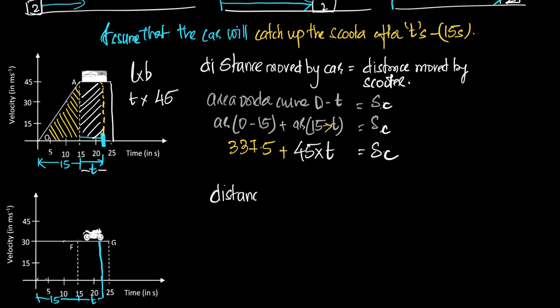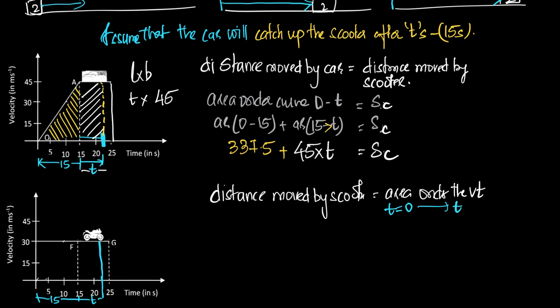So it is distance moved by the scooter, which is what we are trying to calculate, is equal to area under the curve, right? Area under which curve? Area under the VT graph. Now, area under the VT graph from which time? From t is equal to 0 to t is equal to t.